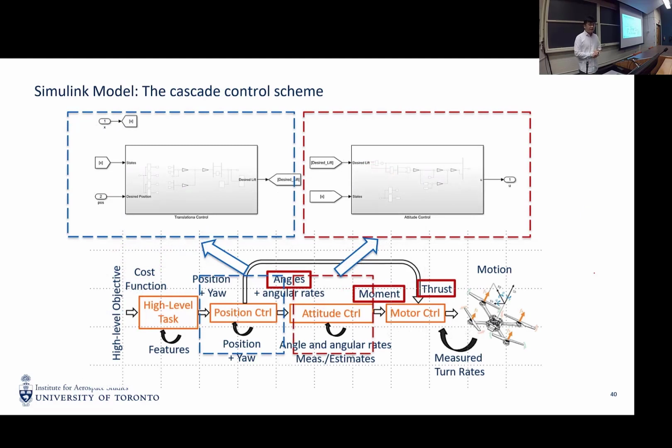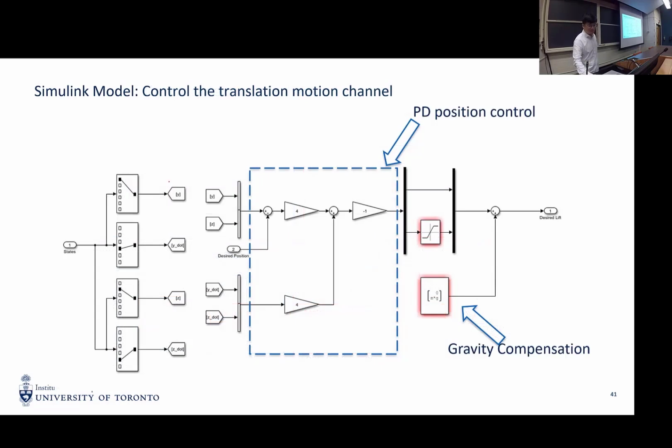So in the control part, I also separated the attitude control and position control into two different blocks, representing the attitude control and the position control channel. So the attitude control is in this block, position control is in this block. And within the position channel, as we explained earlier, we treat the Quadrotor as a point mass.